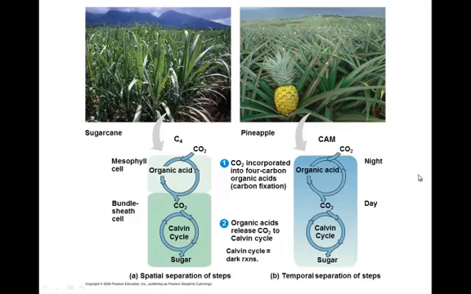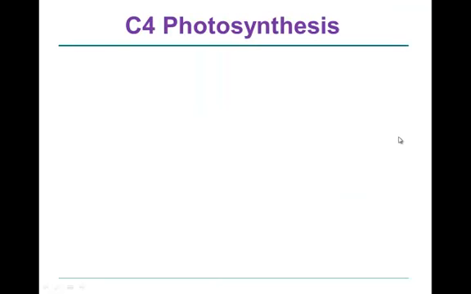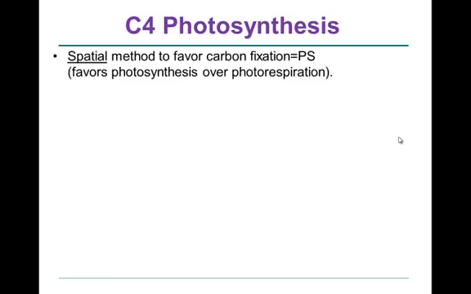And so this actually is an illustration which shows two mechanisms, C4 photosynthesis on the left and CAM photosynthesis on the right. And C4 is really a spatial separation, while CAM is a temporal separation of the steps of the process. So let's look at C4 first, and we'll go back to that figure.